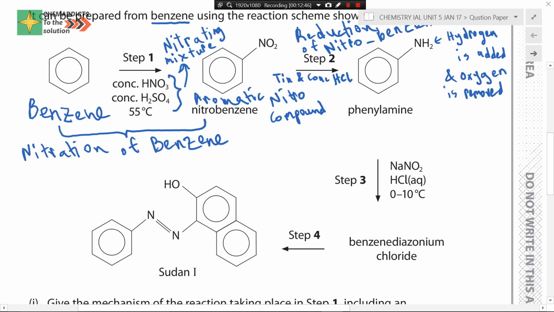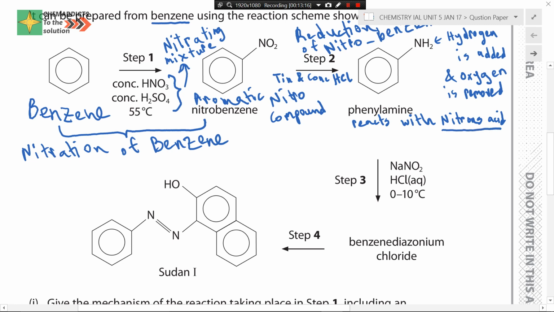Basically, phenylamine reacts with nitrous acid to form benzenediazonium chloride. So now the question is, where does this nitrous acid come from?